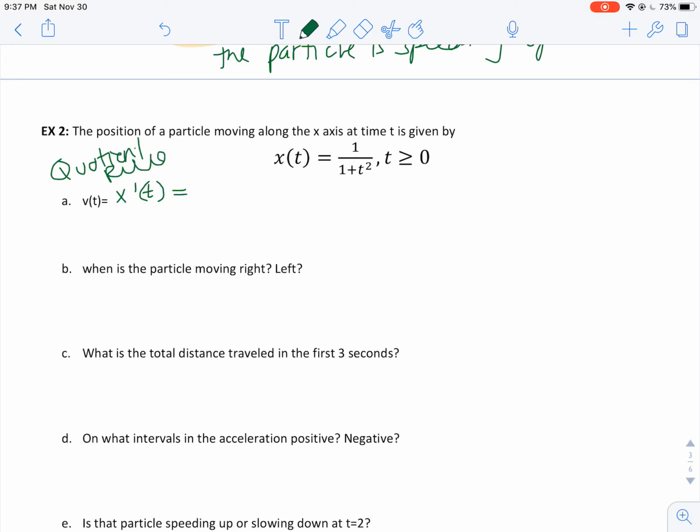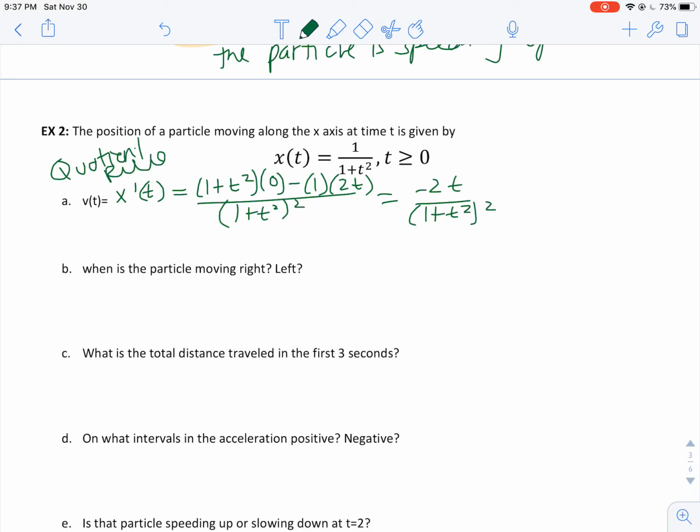Great opportunity to go back and YouTube the quotient rule song, one of my favorites. We got low d high minus high d low. Square the bottom, 1 plus t squared, and away we go. Negative 2t over 1 plus t squared.